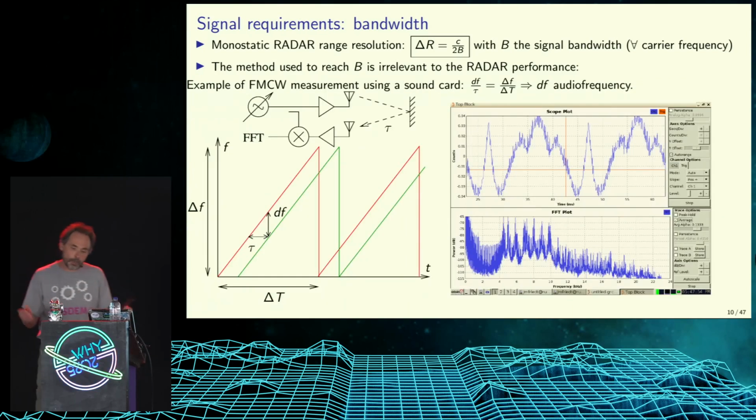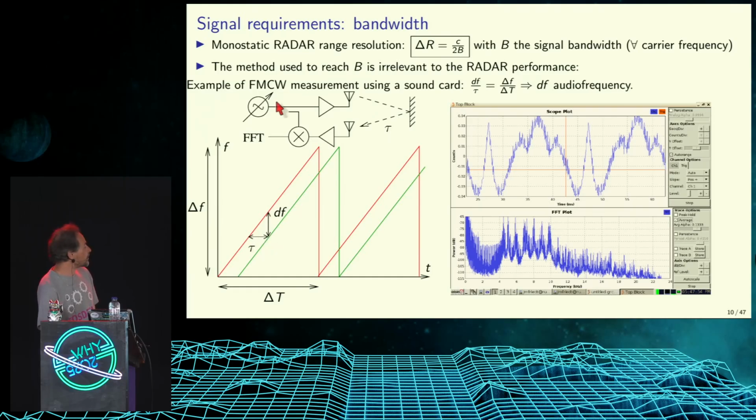FMCW, frequency-modulated continuous wave, is a trick where instead of generating one pulse with as much bandwidth as you can, you say, let's sweep. So this bandwidth B that we had earlier is now a frequency range delta F, and you can tune this frequency range from a start frequency to an end frequency. You sweep this frequency range during a duration T, and what you demonstrate is that if a reflector, a target, is located at range tau, then you get a copy of this emitted signal delayed by tau.